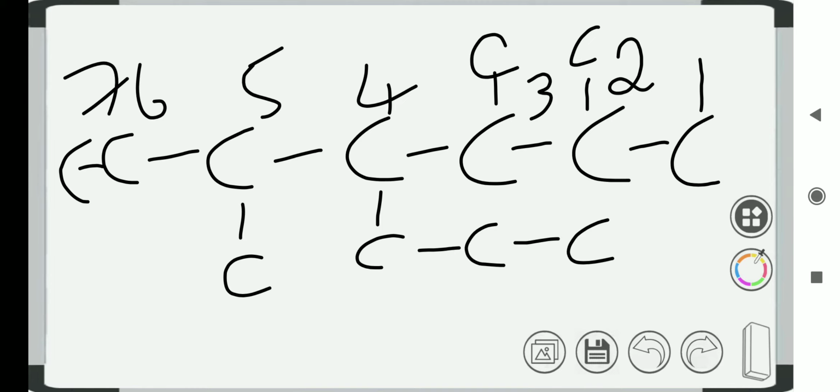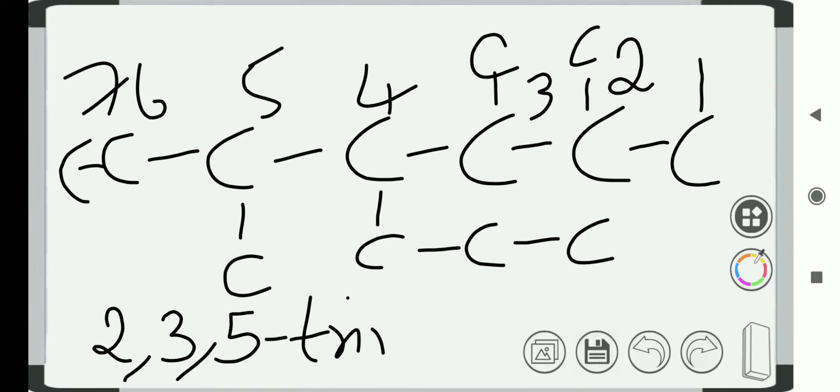If you want to give the name, go for the substituent prefixes 2 comma 3, the lowest numbers, then the methyl substituent at the fifth position. Therefore 2,3,5-trimethyl.